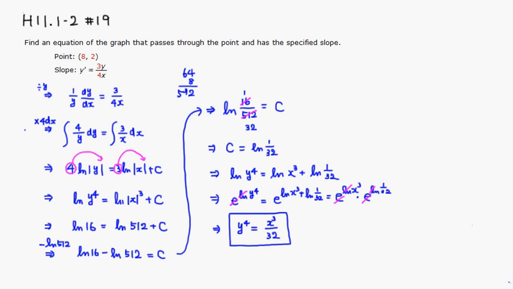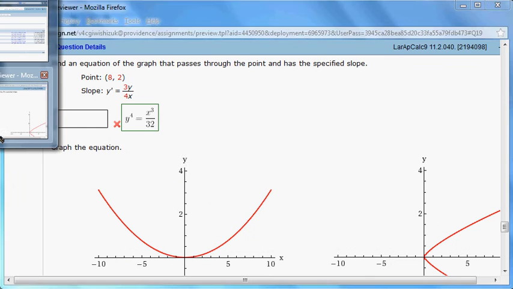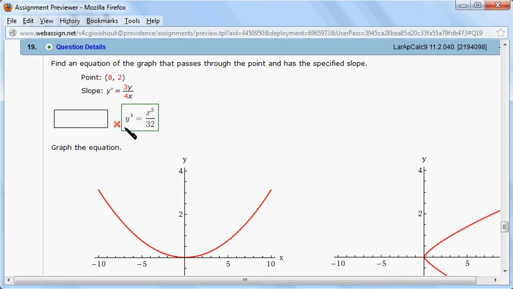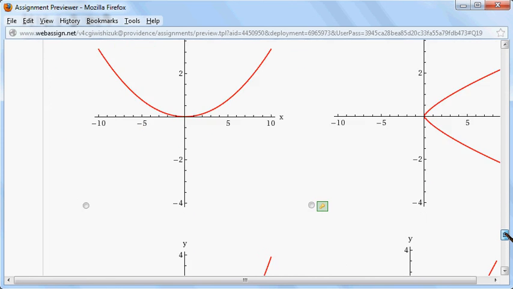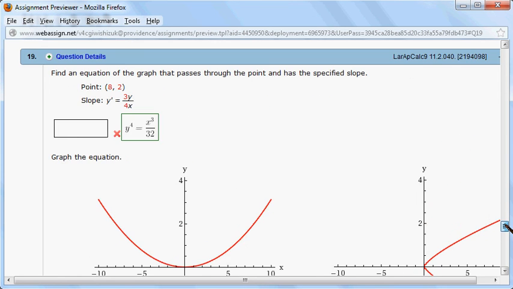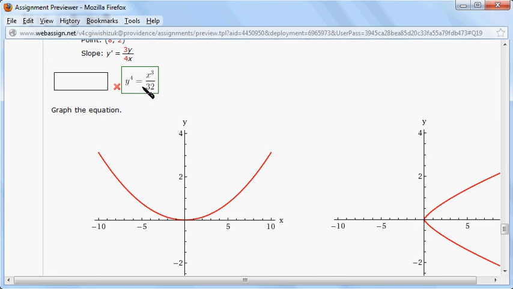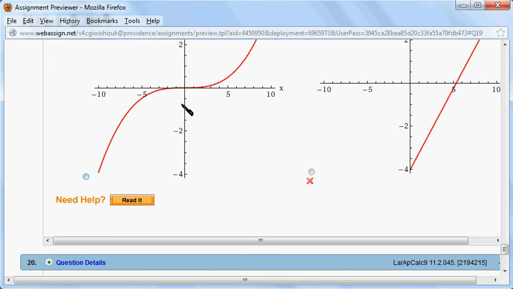So let's check. The answer is y to the 4th is equal to x cubed over 32. In order to find the correct graph, you notice that (0, 0) would satisfy this, so it would go through that, and here this would go through that, and here this one doesn't go through it, so this can't be it.